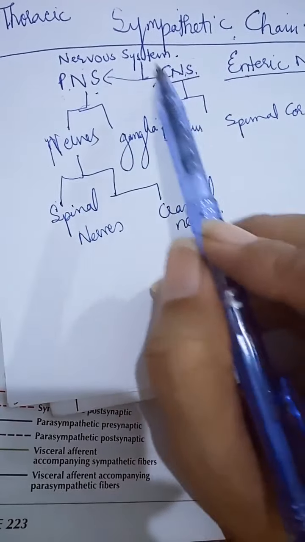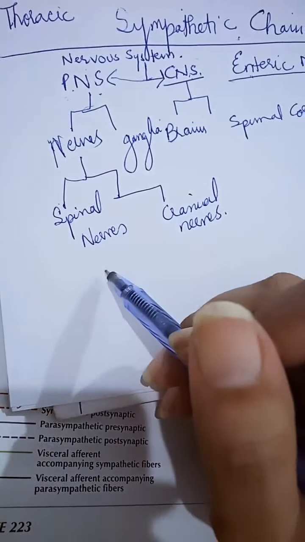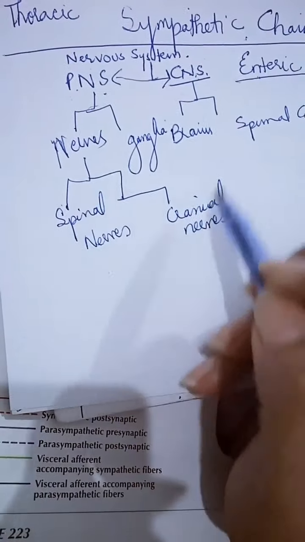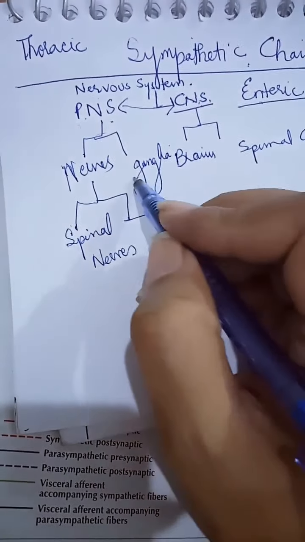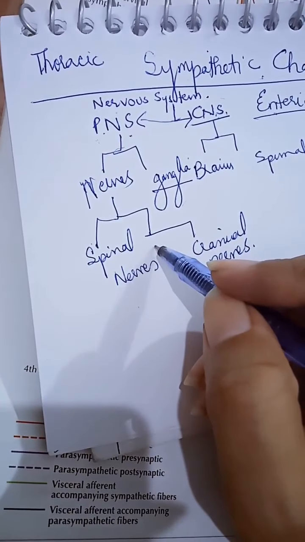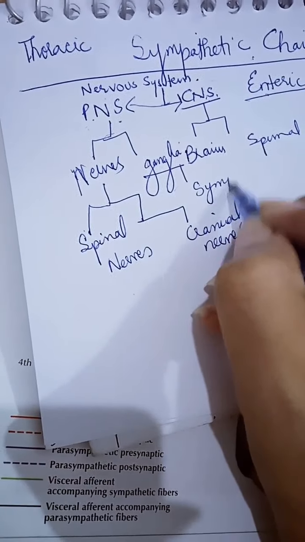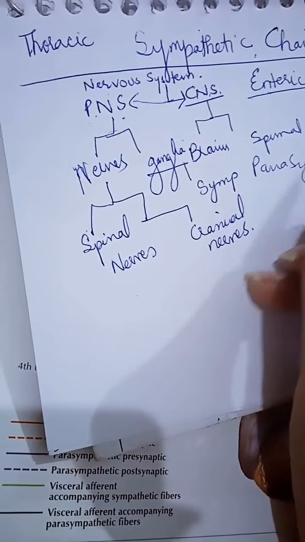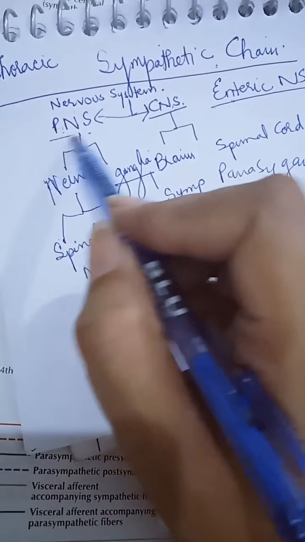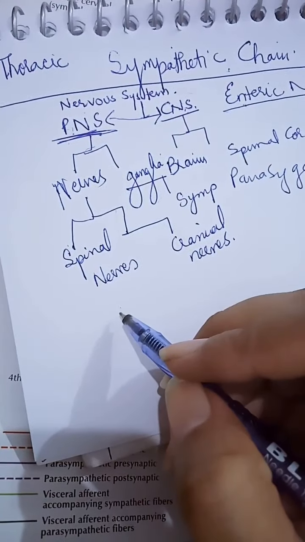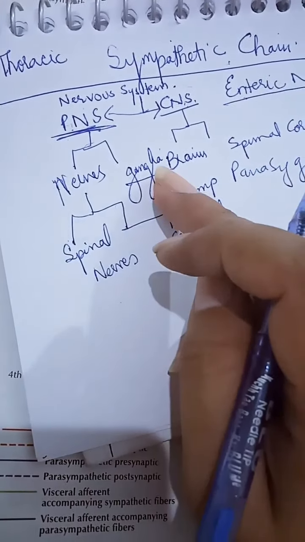Usually they say it belongs to the peripheral nervous system, as we know that in the ganglia we have the sympathetic and the parasympathetic ganglia, and we have the nerves here as well.